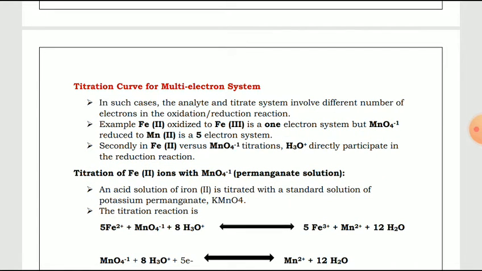Actually, the calculations up to the equivalence point of this example will be the same as those of the previous Fe2+ versus cerium 4+ ion system, which you have to always keep in mind.